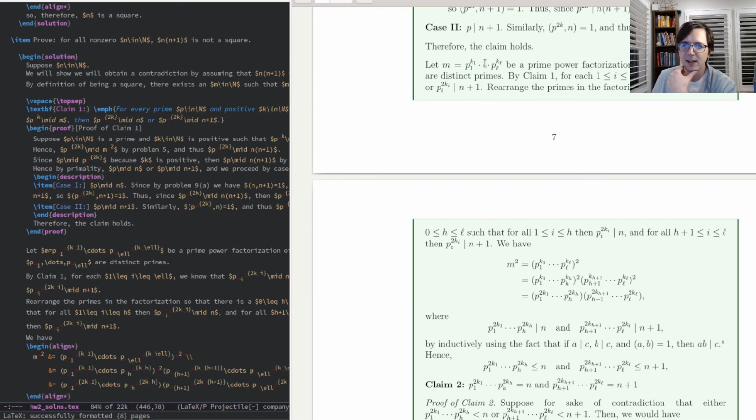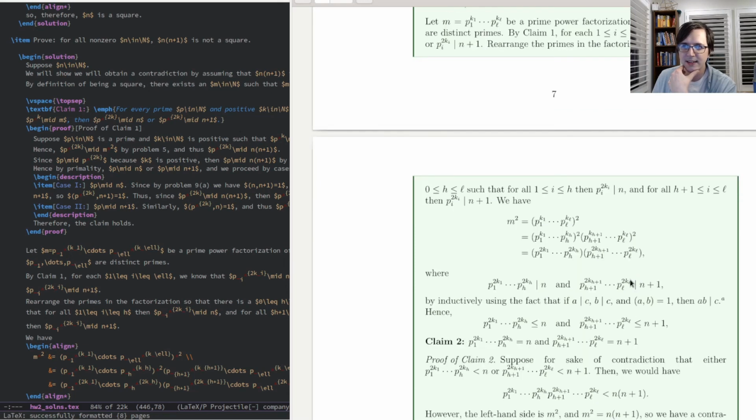And then we rearrange all the numbers so that there's some cutoff point h where all the first ones correspond to n and all the second ones correspond to n plus 1. And we use the fact that whenever two numbers that are coprime divide a third number, then their product divides that third number. And we do it inductively for these products.